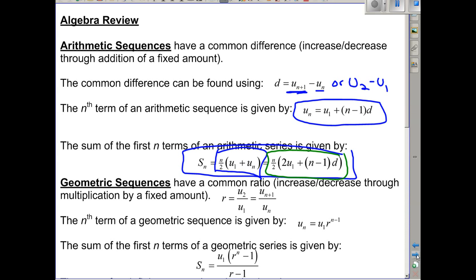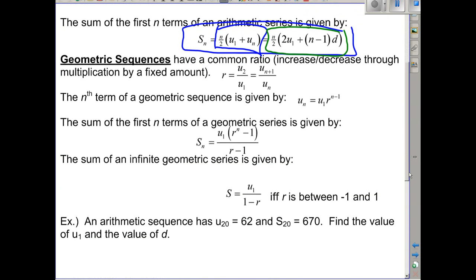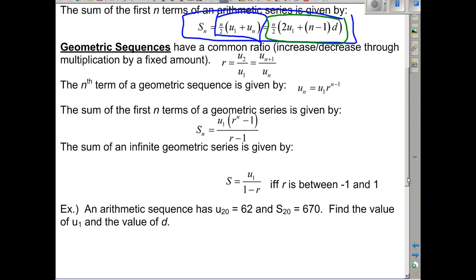Geometric sequences have a common ratio. That means they increase or decrease by multiplication by a fixed amount. And that fixed amount is called the common ratio. It's given by the second term divided by the first, or generally the n plus 1th term divided by the nth term.